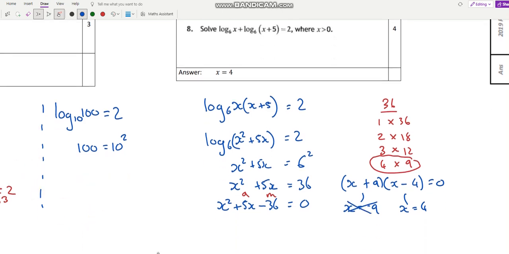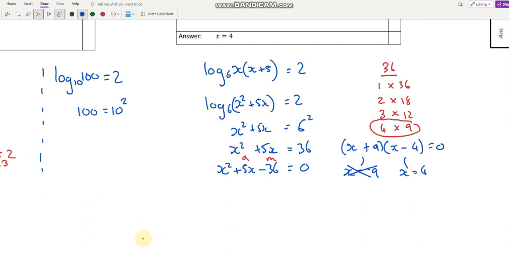And if you want to just think about that for a little second, let's think about how the log graph is going to look. Okay. It's going to come through here. So I'll come through at 1, 0. If we get x is 4, that is going to be over here, we can have an answer, absolutely. But negative 9, that's way over out here, isn't it? So we're nowhere near the graph, are we?